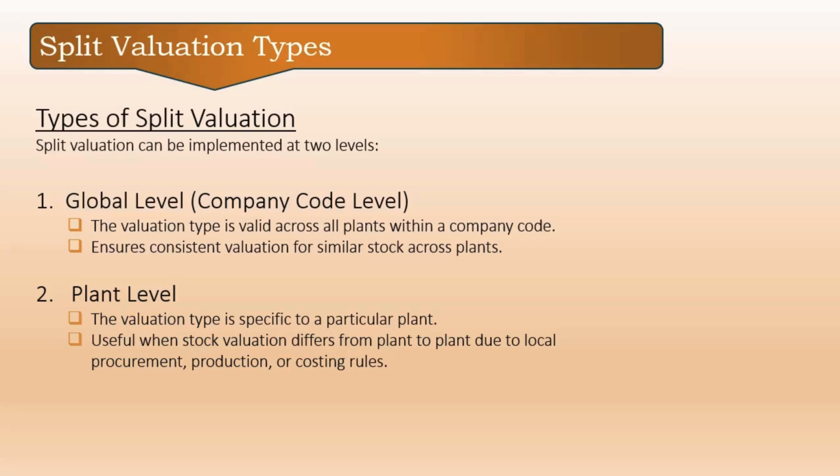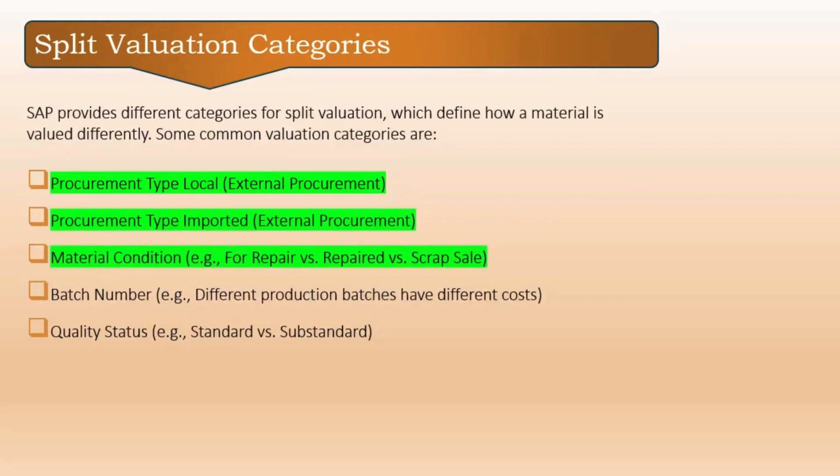So it can be maintained centrally for all the branches if the company is worldwide. From one single centralized source, you can maintain the split valuation globally. That's what the global level means. And the second one is plant level, so this is based upon the plant level. You can have the split valuation configured there too. Move on to the next slide.